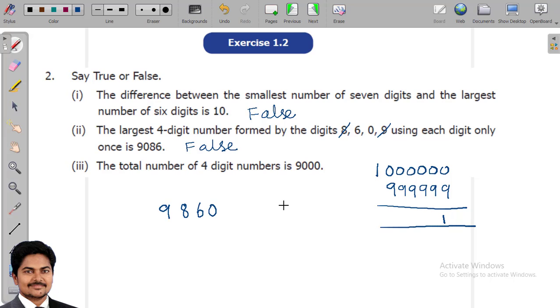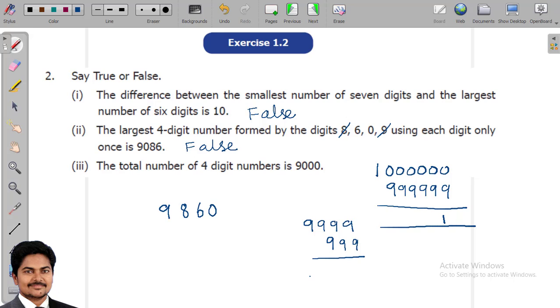To find the number of 4 digit numbers, first we have to write the biggest 4 digit number. What is it? Yes, 9,999. And then write the biggest 3 digit number under it.